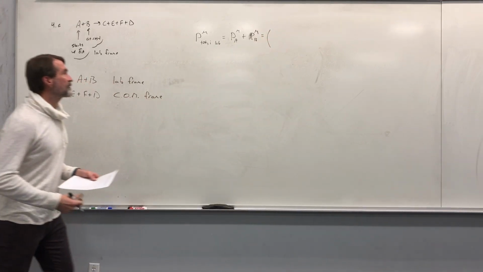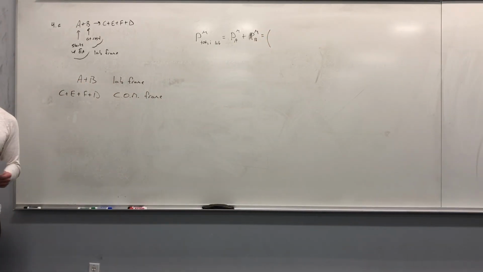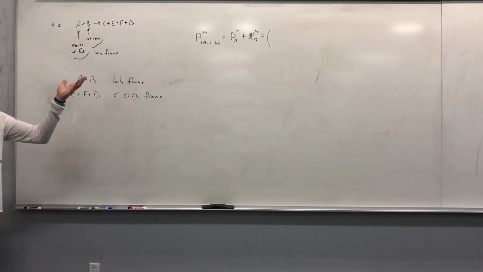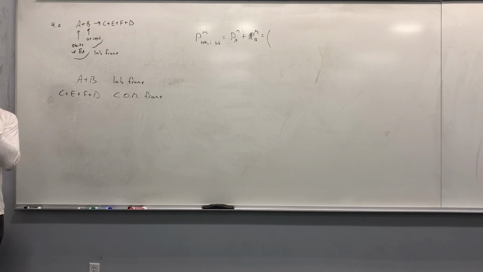What does the four-momentum of A look like in the lab frame? So it's moving in the lab frame. What does the four-momentum look like? This is generic. What's the first component of a four-momentum vector? Energy divided by c.